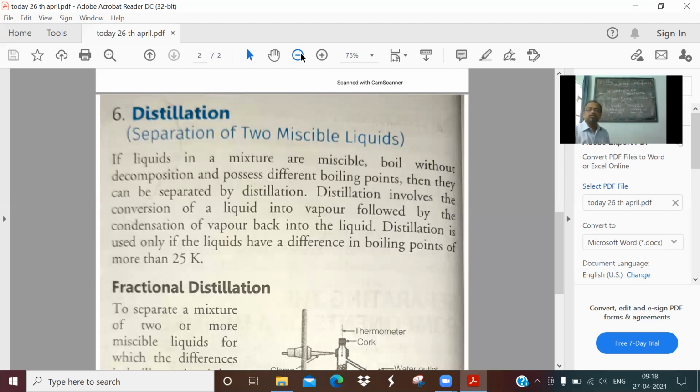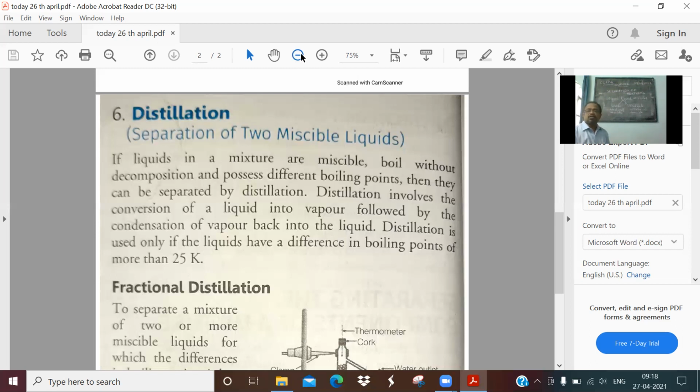There are 6 to 7 components in that. This could be separated by fractional distillation. This is done on a large scale in petroleum refineries. One of the major important components are petrol, diesel, kerosene, etc. These are all separated by the process of fractional distillation.